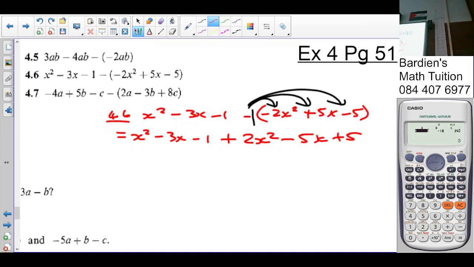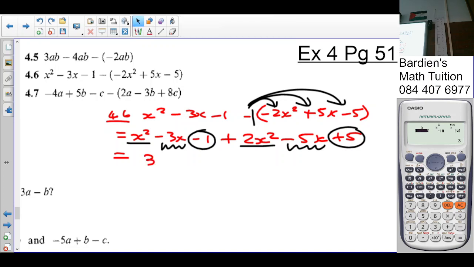So again, what are we looking for? Like terms. So you got x squared and 2x squared, minus 3x minus 5x, minus 1 plus 5. So what's x squared plus 2x squared? 3x squared. Okay, that's going to give us 3x squared.